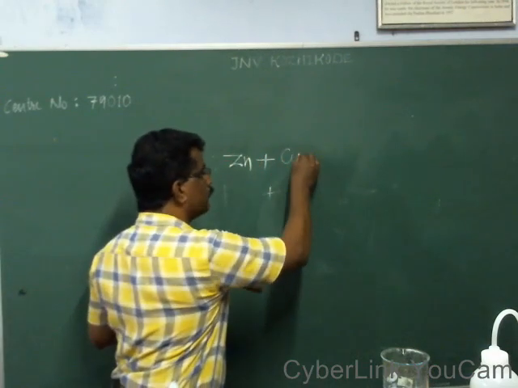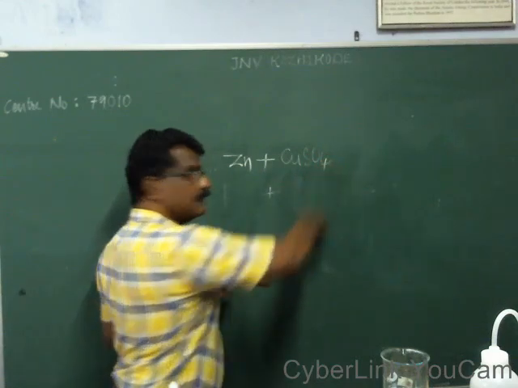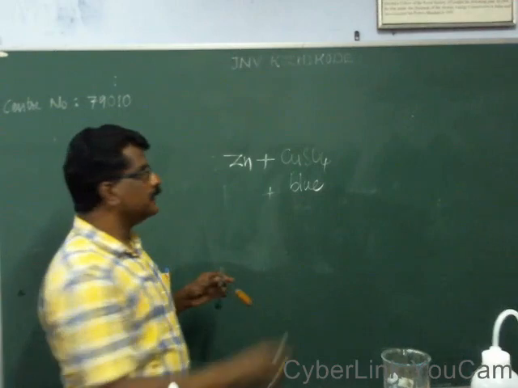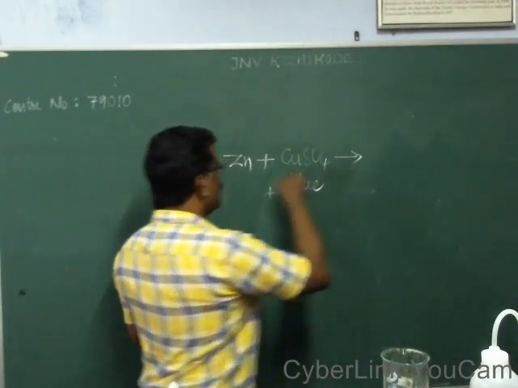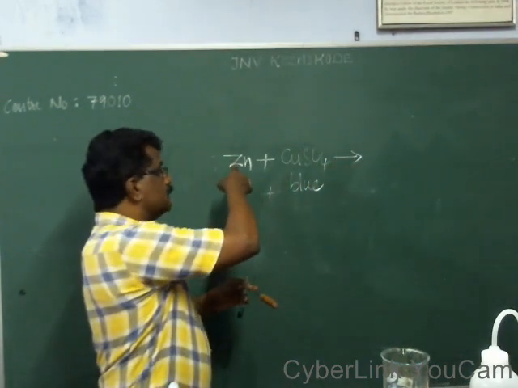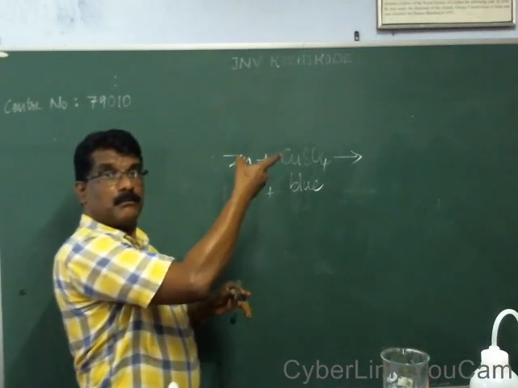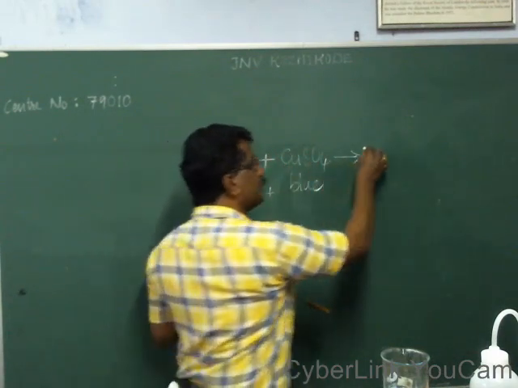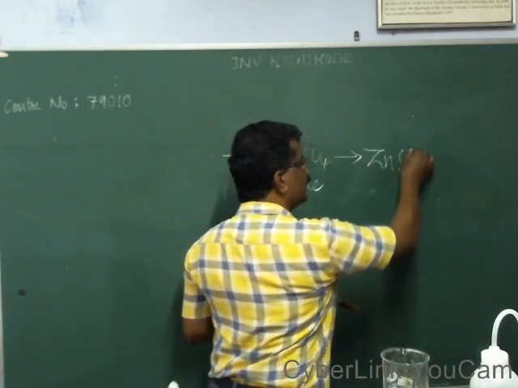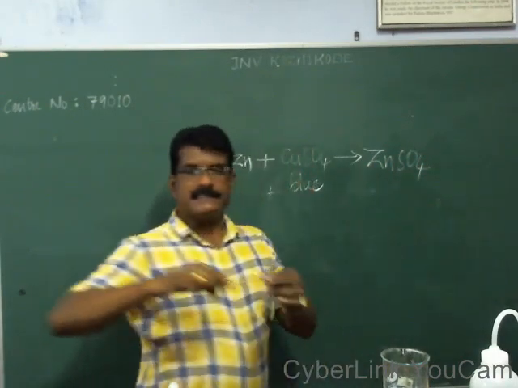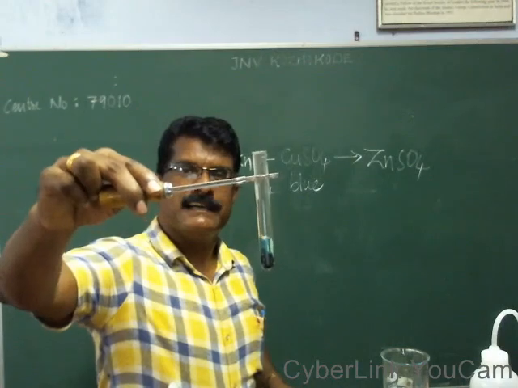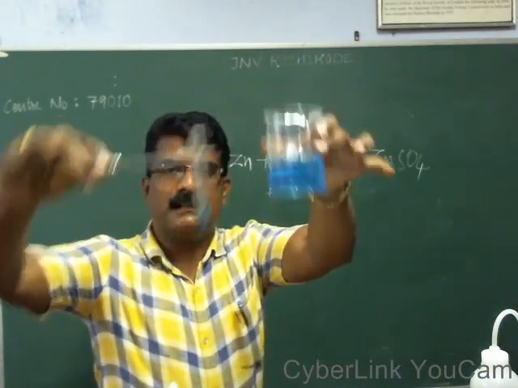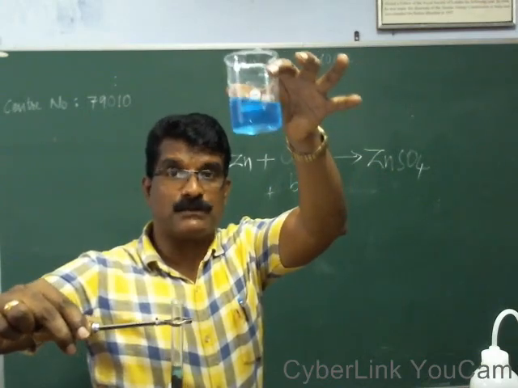So CuSO4, copper sulfate, is actually blue in color, and zinc, being more reactive, displaced copper from copper sulfate and produced zinc sulfate. Zinc sulfate, you see, is colorless. But this was blue in color because of copper sulfate.